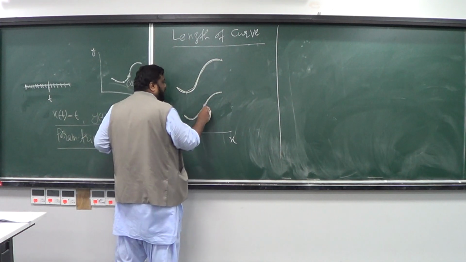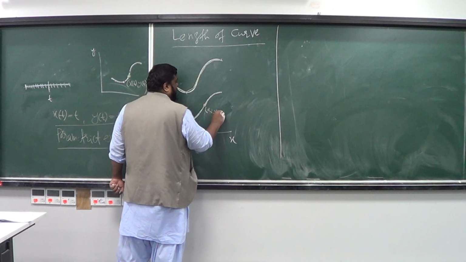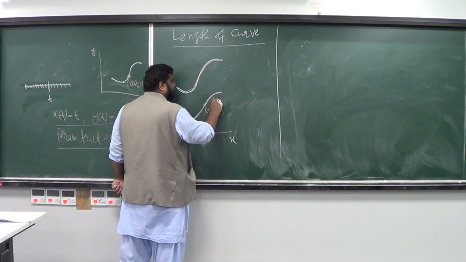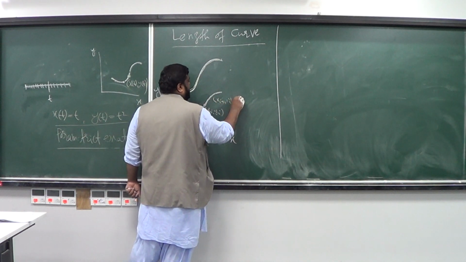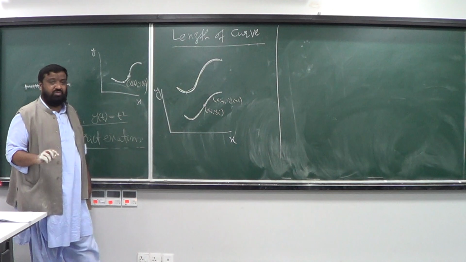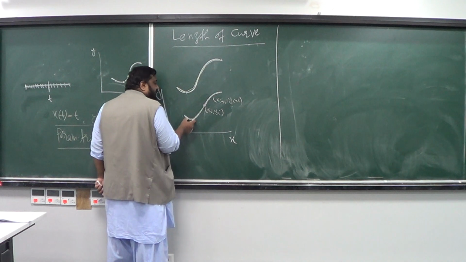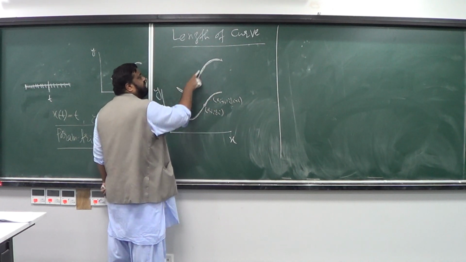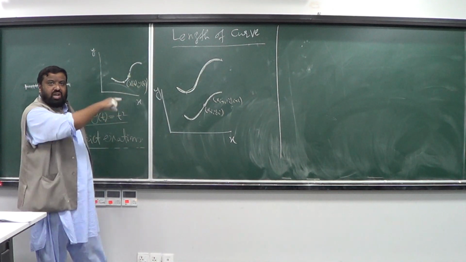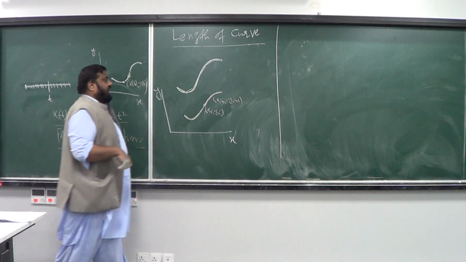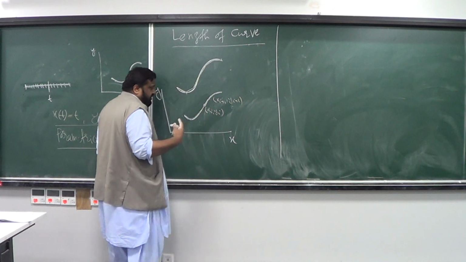Say the coordinates of this are xi, yi, and say the coordinates of this are xi plus 1, yi plus 1. And imagine that all of these lines have equal length. So you are always approximating the curve by equal length segments, no matter how small they are, but they all are equal. Then what would be the change in the coordinates?